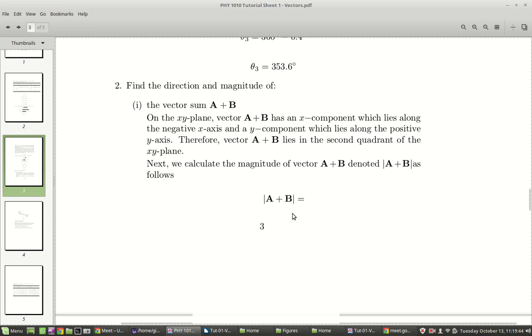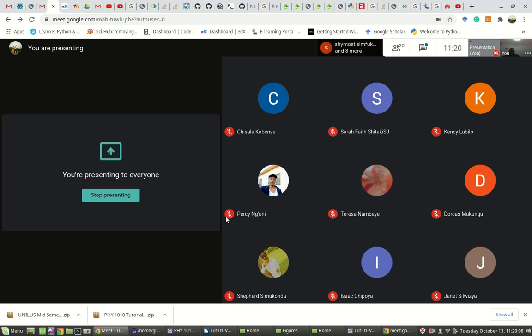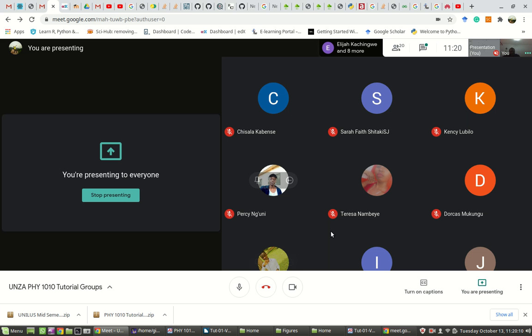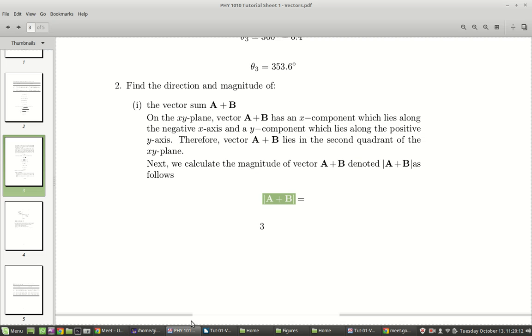How do you get the magnitude of a plus b? How do we find it?